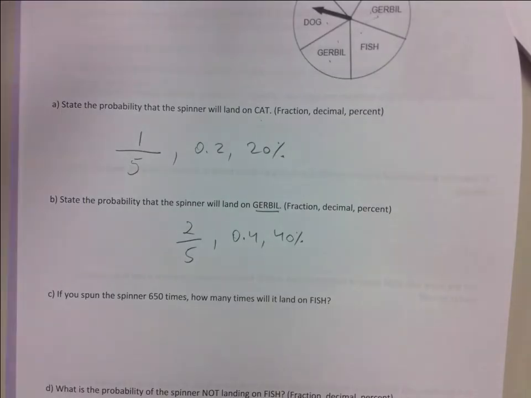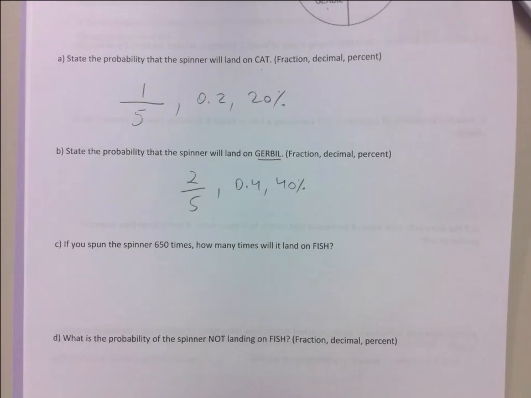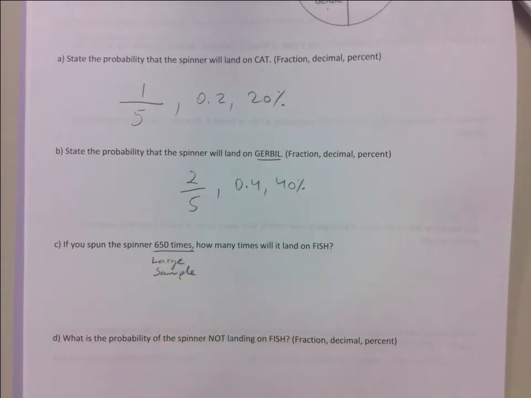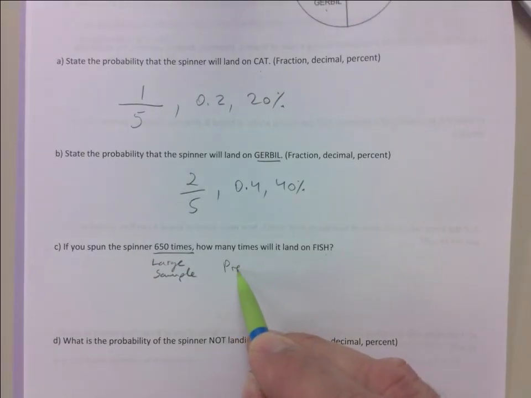C, this is going to be a classic. I can guarantee you that that's going to be on a test down the road. If you spun the spinner 650 times, that's a large sample, right? We're extrapolating, we're predicting. How many times will it land on fish? You're making a prediction.